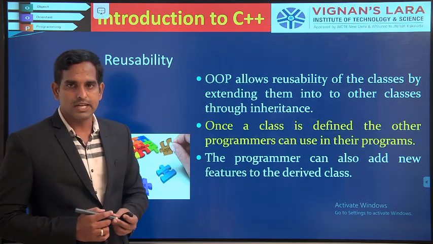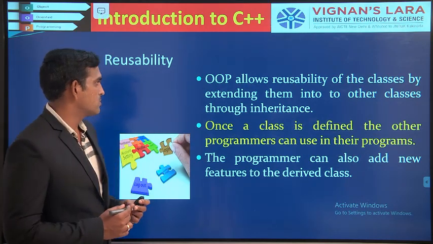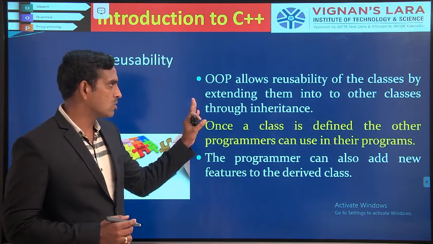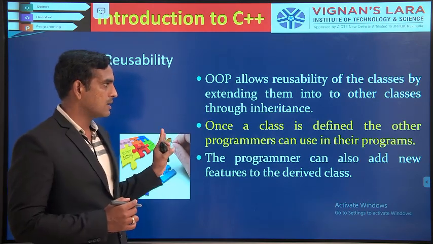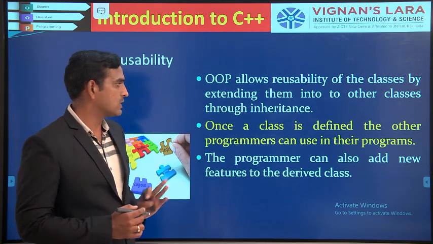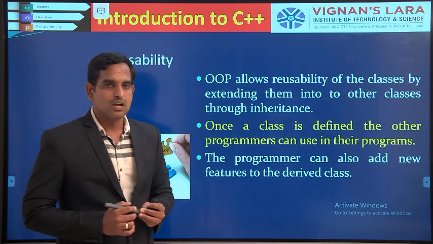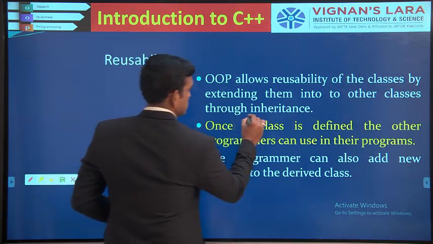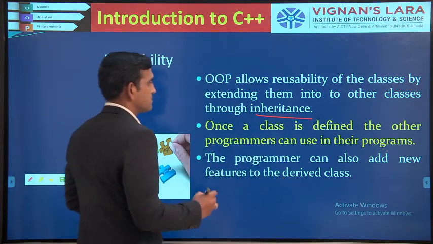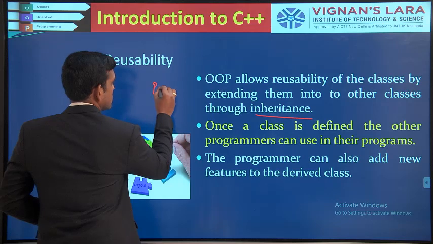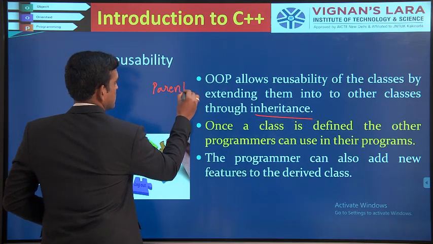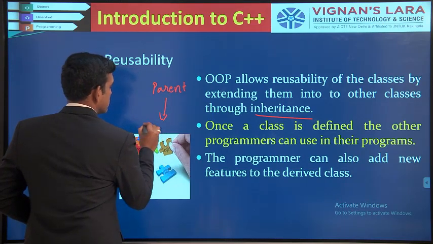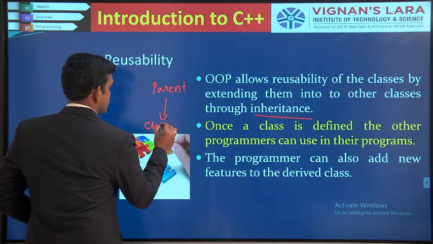So the first one, reusability. Object-oriented programming allows reusability of classes by extending them into other classes through inheritance. While discussing inheritance, I told you about a parent class, and we will have a child class.